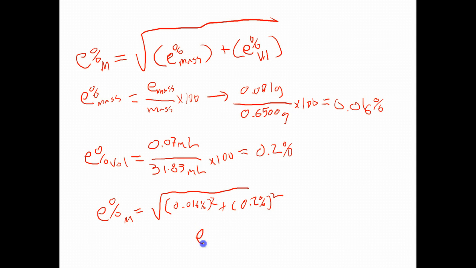So our overall percent error for the molarity is basically 0.2%. Okay. So you can see that our overall percent error is basically the same as our percent error from our volume. So that basically dominates and contributes all the error to our final value for concentration.